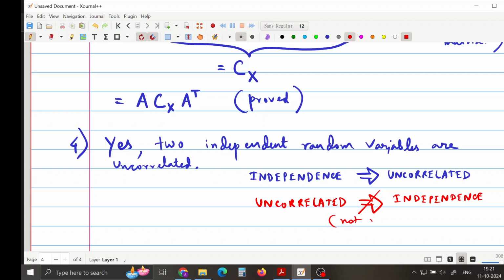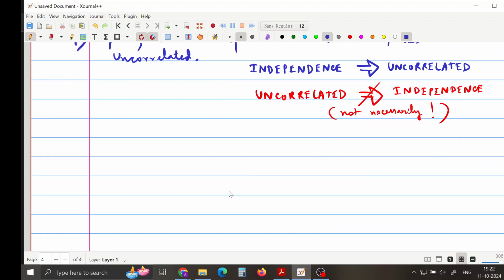Not necessarily. But we have to prove that as well.